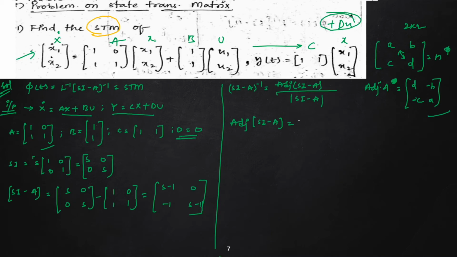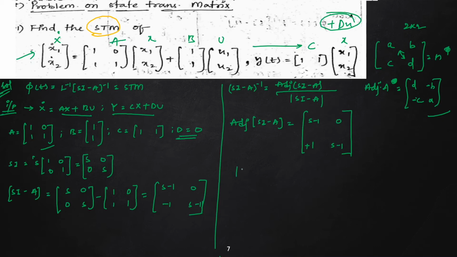Similarly, to write the adjoint of the sI minus A matrix, we interchange these two terms, so s minus 1, s minus 1, and 0, and here it will become plus 1 now, because in the above case it is minus 1. So we have got the adjoint.